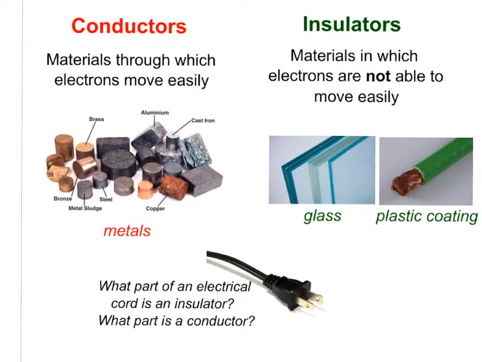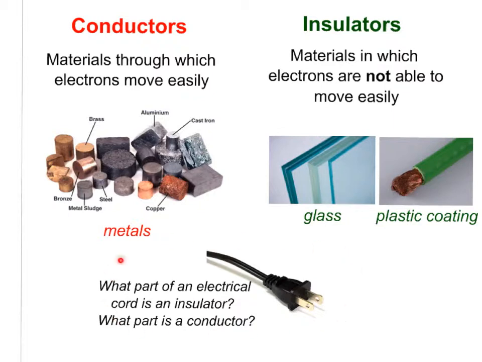We don't generally want the wires to conduct electricity into your hand or into other areas of the building. We'd like that insulated, and we'd like the electrons not to move easily elsewhere. We just want it to move where we want it to move. Glass is an excellent insulator as well when it comes to electricity.